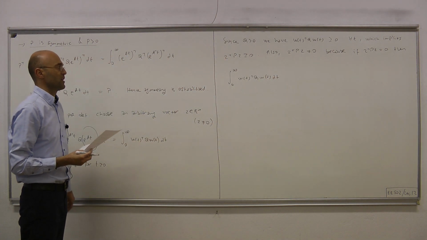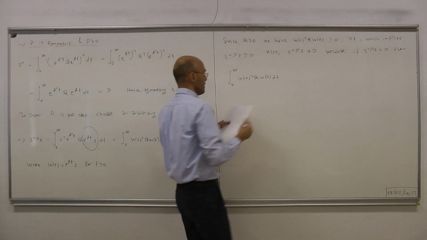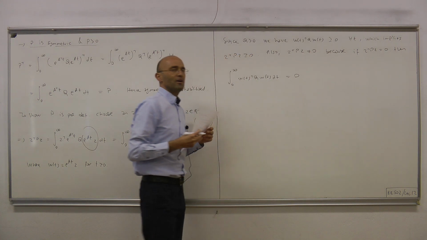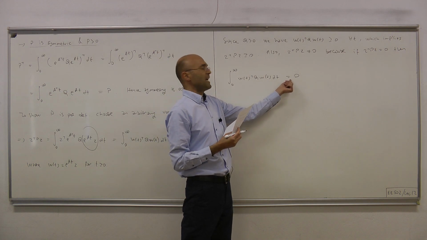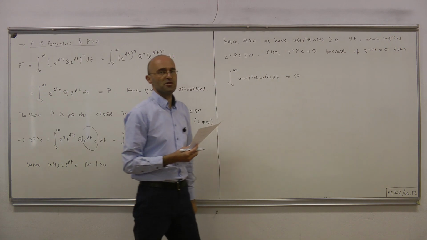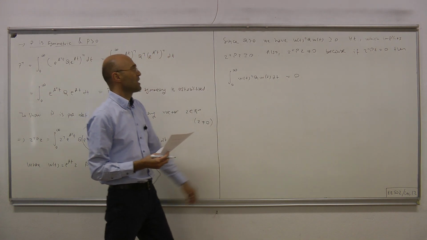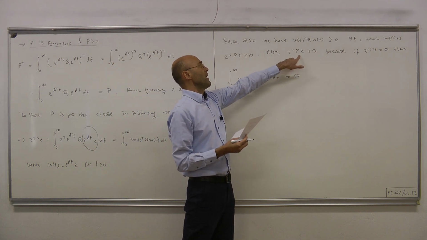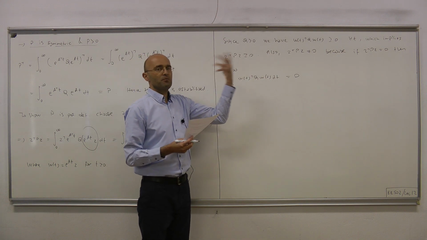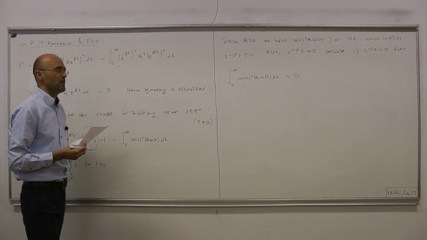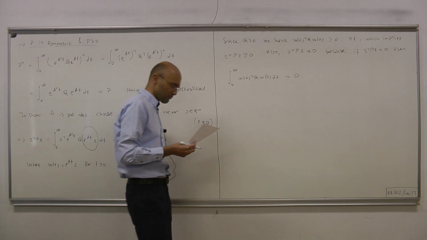Okay, so that's our z transpose Pz. And we want to figure out the implications of this guess, that being equal to 0. If we can reach a contradiction, we will have obtained that z transpose Pz cannot be 0, and from this we will conclude that P has to be positive definite.